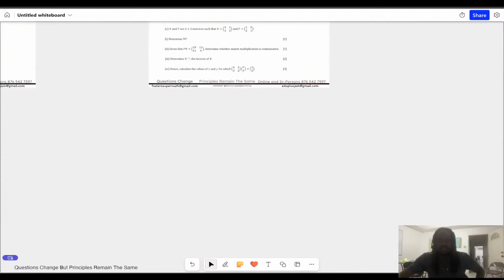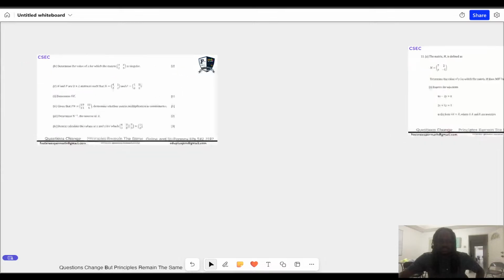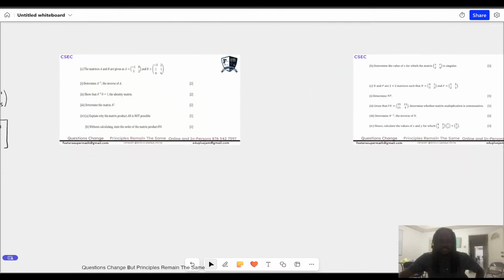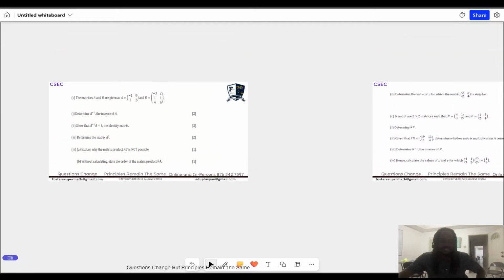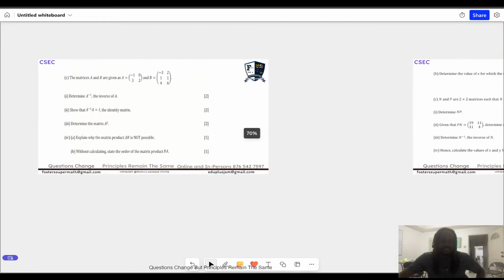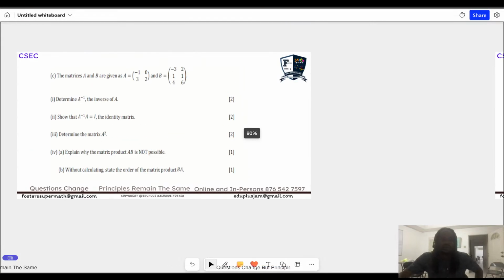Alright, my people, so now these 3 remaining questions are based on any of the things that we have done so far. The first one here: the matrix A equals 1, 0, 3, 2, and B equals negative 3, 2, 1, 1, 4, 6.